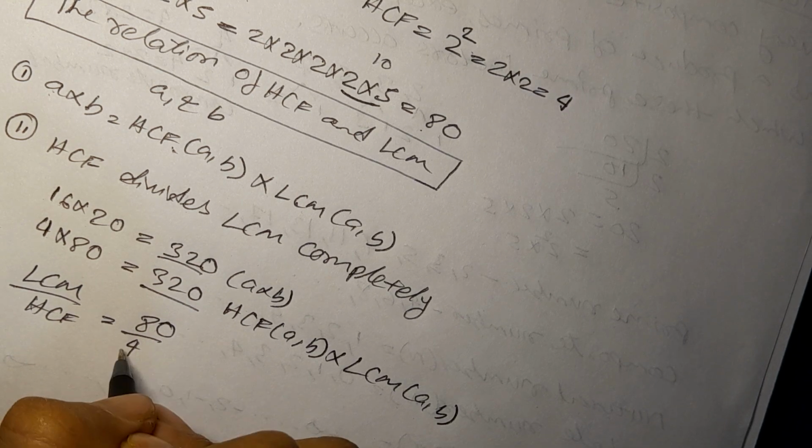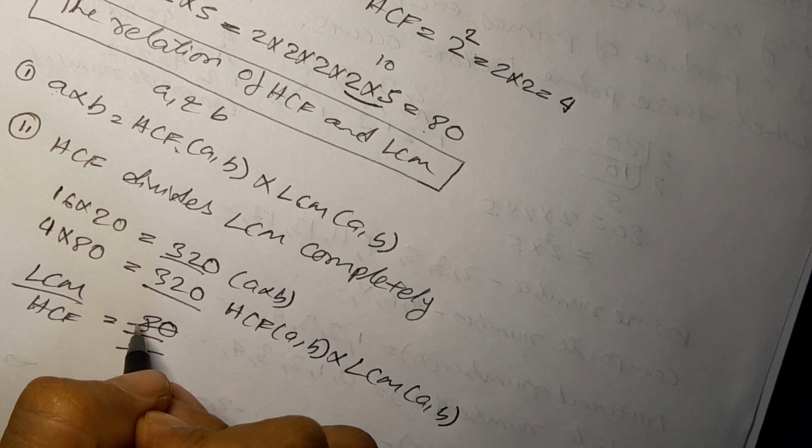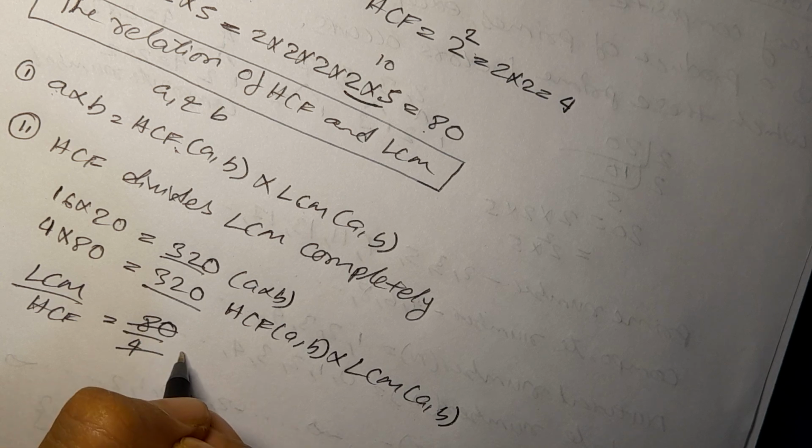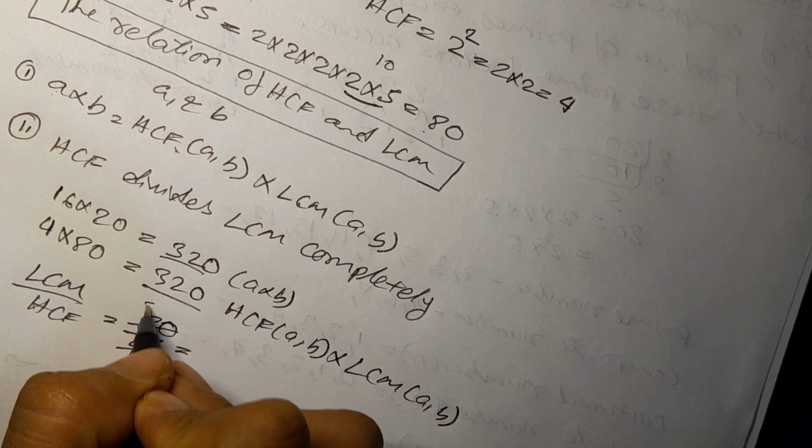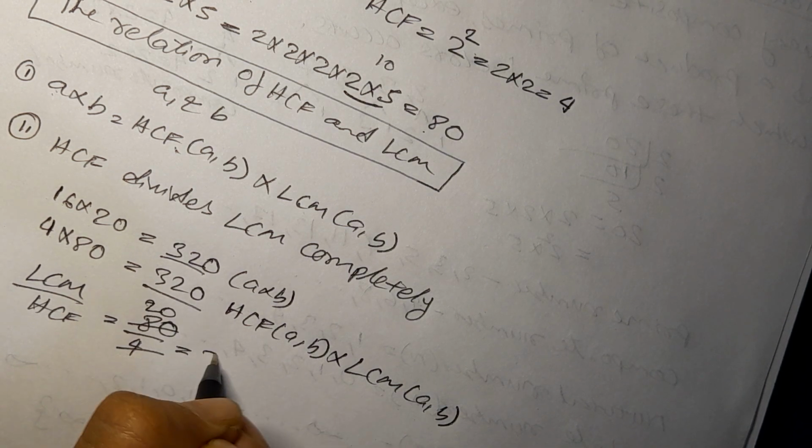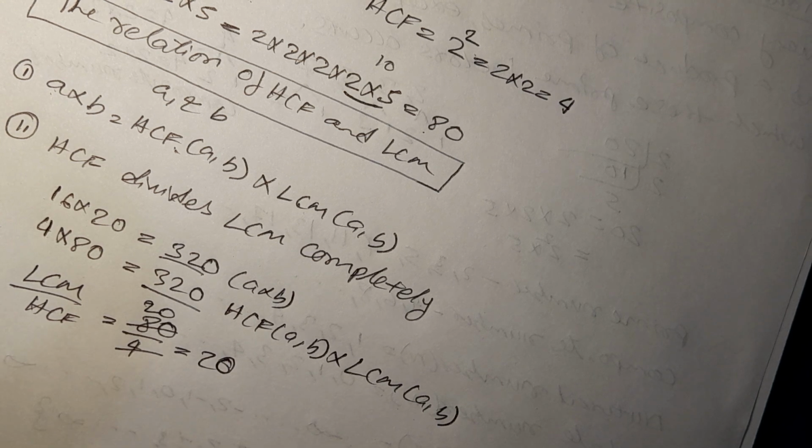Divide it. 80 divided by 4: 4 twos are 8, so it gives 20. So there is no remainder. So it divides completely. So these are the relations. What is the relation? The product of 2 numbers is equal to the product of LCM and the HCF. Second, HCF divides the LCM completely.